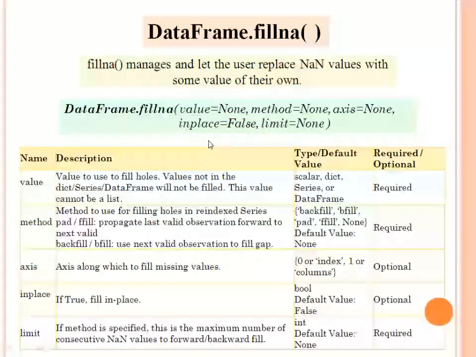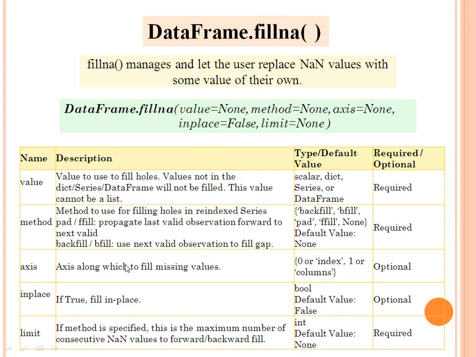Here we'll see the parameters of the syntax. First is value. Value is the parameter in which you give the values for NaN values. Method. Method contains, children, two parts: ffill or bfill.